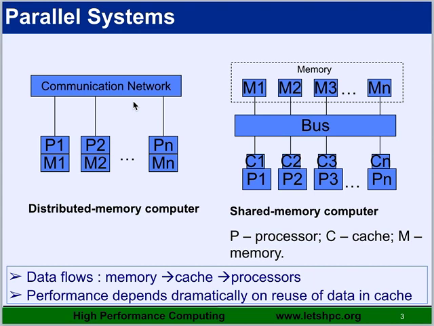Now, if you look into this architecture, that is the shared memory system, we also refer to it as uniform memory access, although we can say that processor P1 can access its own cache much faster compared to processor P2 accessing C1, that is the cache of processor P1.